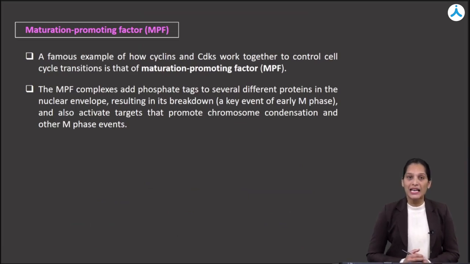Now next is MPF, which is maturation promoting factor. What is it? When the cyclins bind to the CDKs, they form another complex called the MPF. MPF, also known as mitotic promoting factor or mitosis promoting factor, pushes the cell into the M phase.